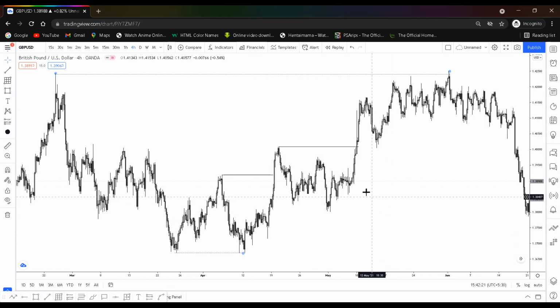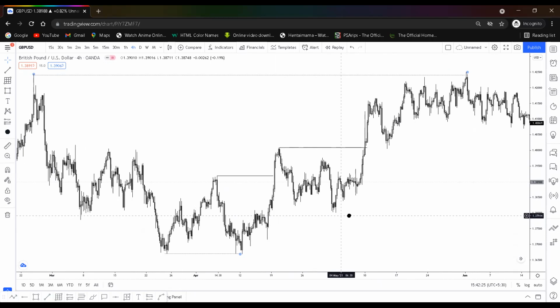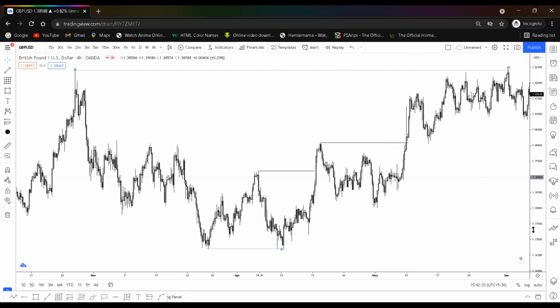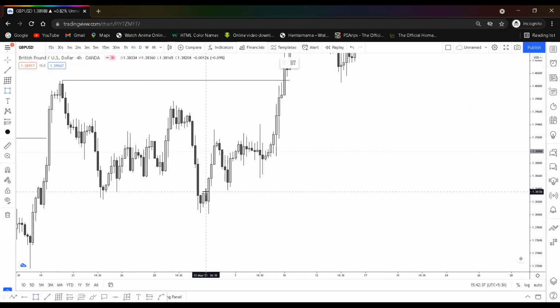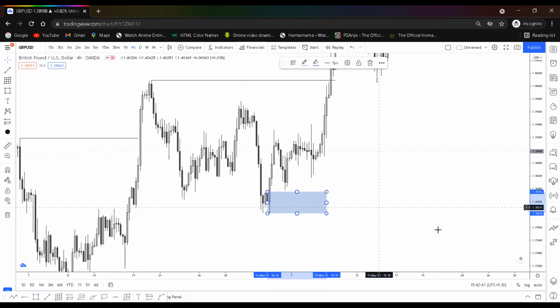You see that? So what the retailers are taught is to place their stop losses and sell stops below this, because they think this is a strong low. And the next thing is smart money traders would go long on this POI, on this order block.